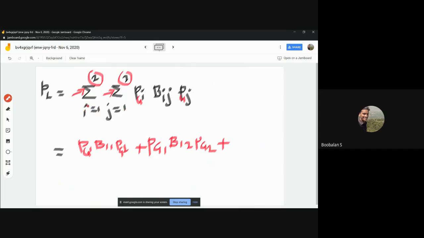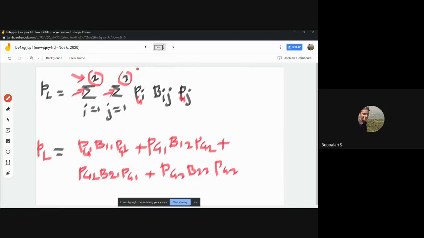Now the i value is increased to 2: PG2, B21, with j value 1, and PG1. Then increasing the j value one more time: PG2, B22, PG2. These are the four combinations occurring here. This is my total power transmission line loss equation for my two bus system.